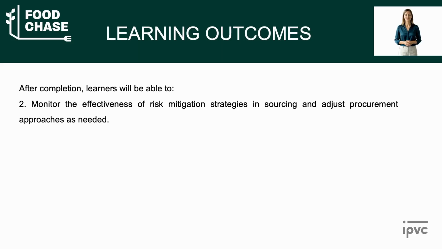Digital solutions for waste monitoring and inventory optimization are highlighted as enablers of data-driven decision-making and continuous improvement. After completion, learners will be able to monitor the effectiveness of risk mitigation strategies in sourcing and adjust procurement approaches as needed.